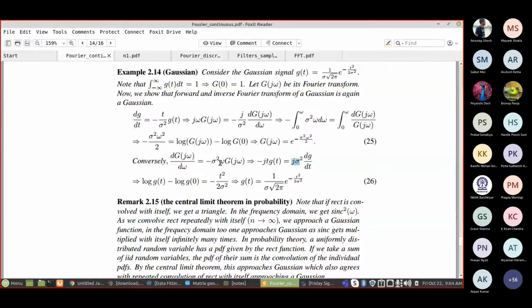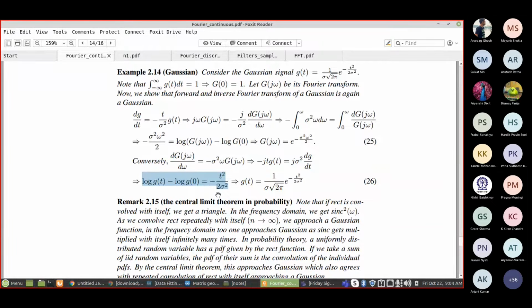And here you separate variables. So dg over g you put on one side, and terms in t you collect on the other side, and then you integrate. This is straightforward from the method of separation of variables, and then you take anti-logs.